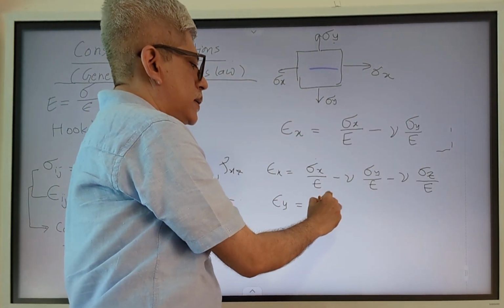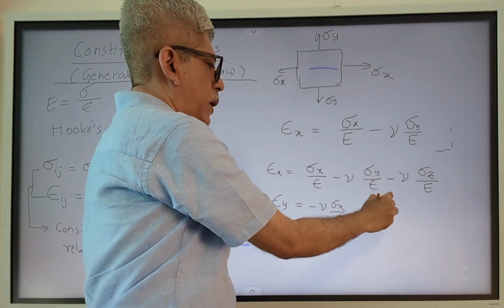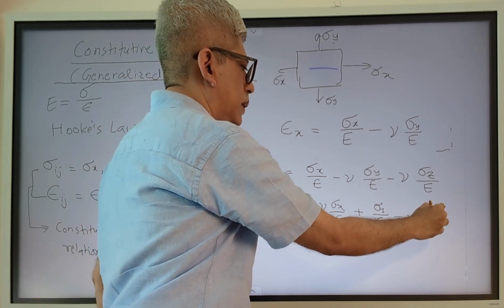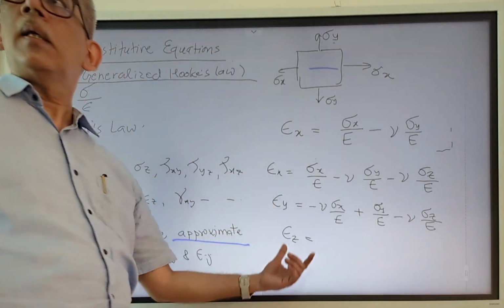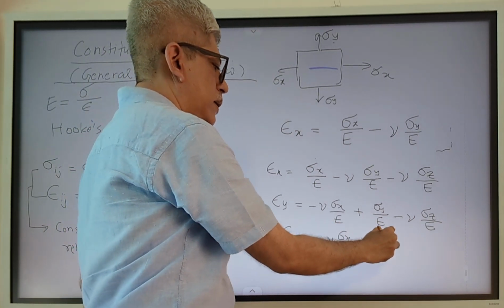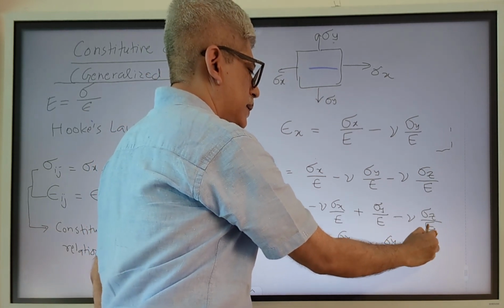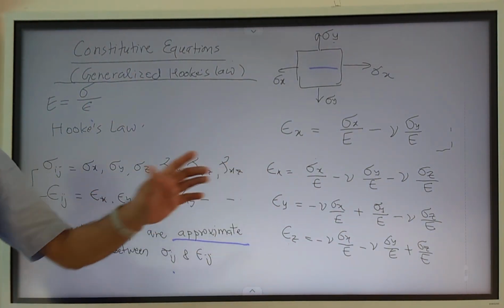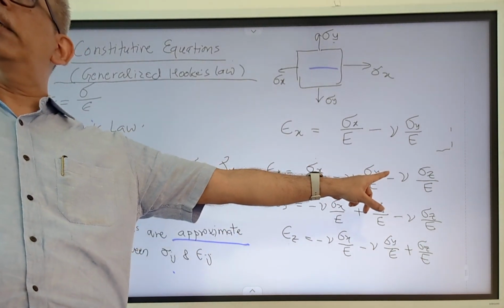So it will be minus nu sigma x by E plus sigma y by E minus nu sigma z by E. And similarly, you can write epsilon z as minus nu sigma x by E minus nu sigma y by E plus sigma z by E. So that is how for a linear elastic material, the strain components are related to stress components.